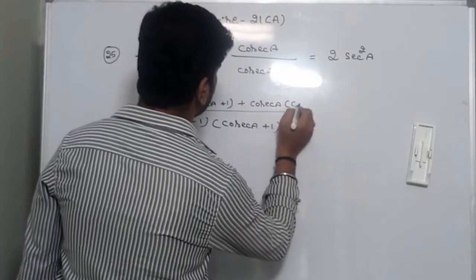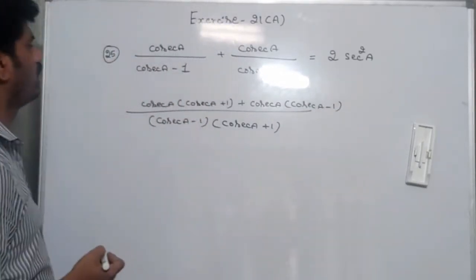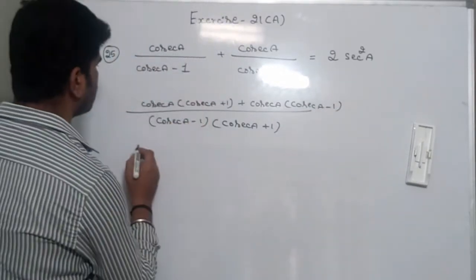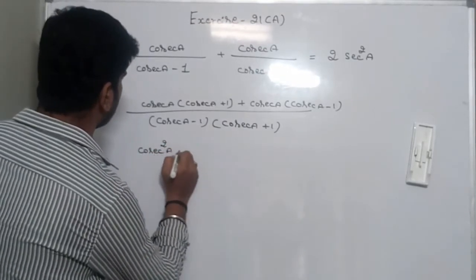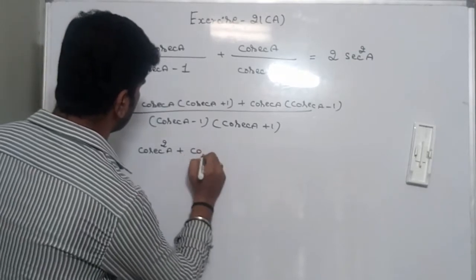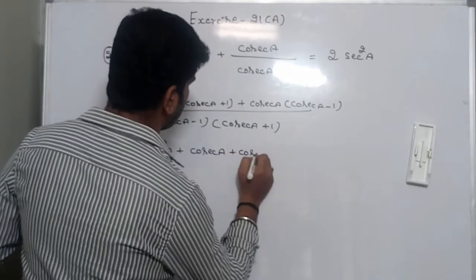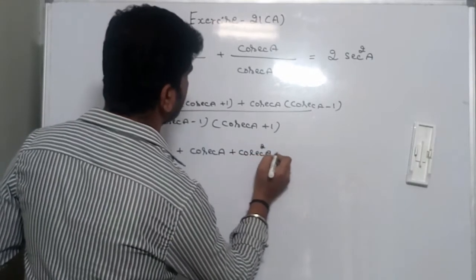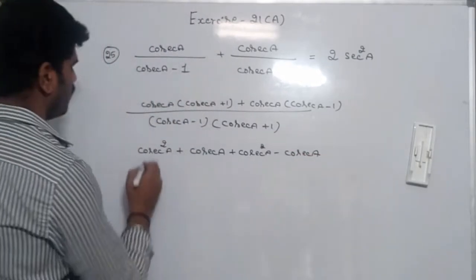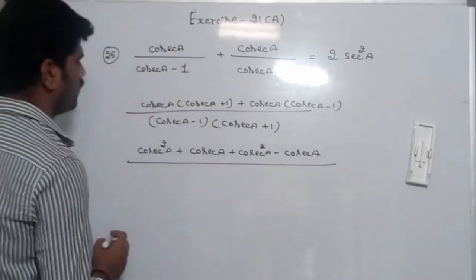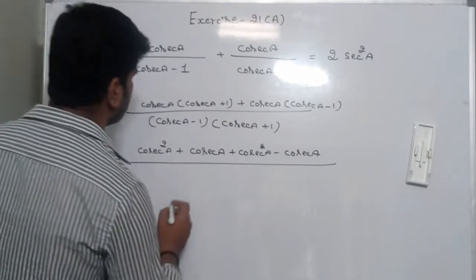Then cosecant A into cosecant A minus 1. Then multiply this: cosecant A into cosecant A, cosecant square A, plus cosecant A into 1, cosecant A, plus cosecant A into cosecant A, cosecant square A, minus cosecant A, divided by cosecant A minus 1 into cosecant A plus 1, which is what?